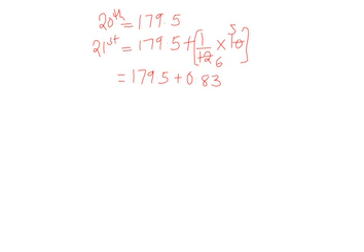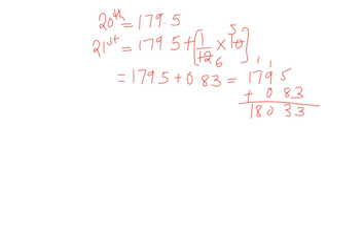So if we add 0.83 to 179.5, this gives us 180.33. Now we have the 20th height and the 21st height, then we divide by 2 to get the median.